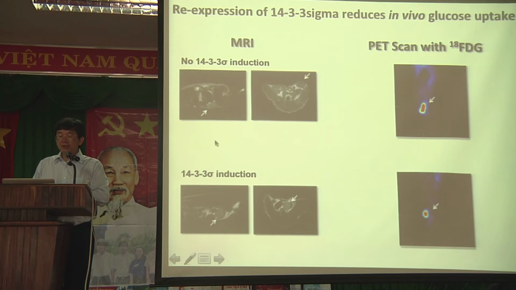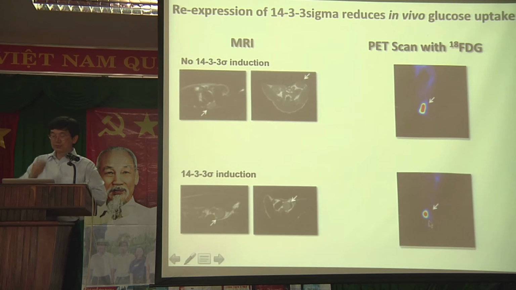When the cancer cells express the 14q sigma gene and you put these mice for the PET scan using F18-deoxyglucose, you can see that without the expression of the 14q sigma gene, the glucose uptake is very high. And when you express the gene, it suppresses the glucose uptake in these cancer cells. The mouse is still alive.